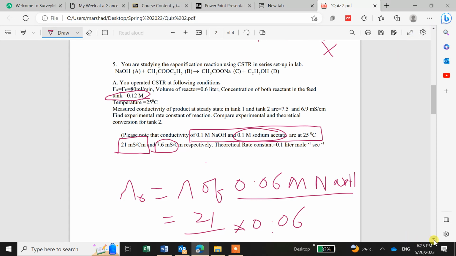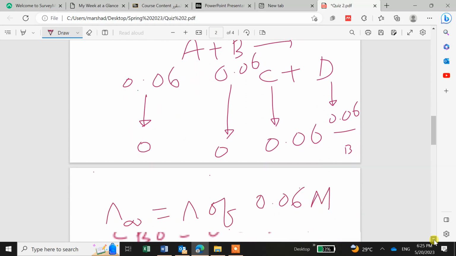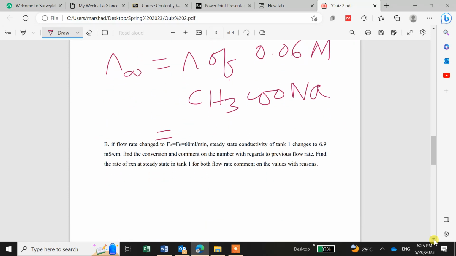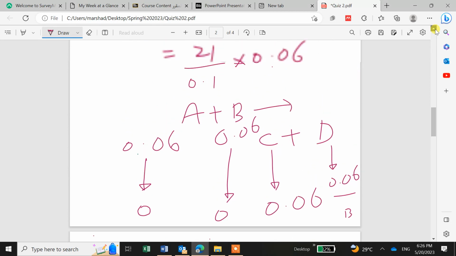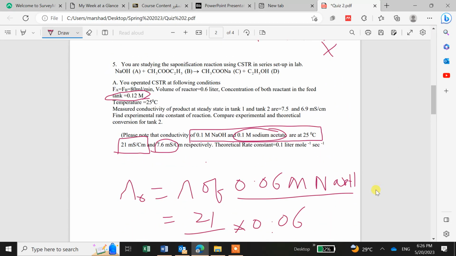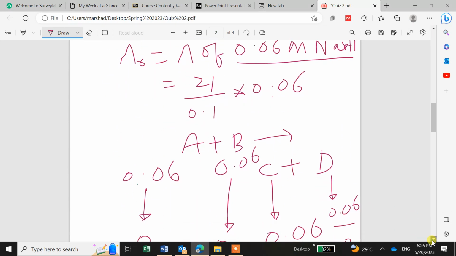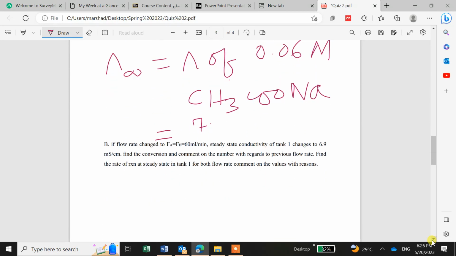So 0.06 will have conductivity how much? Just using the proportional relation, 7.6 divided by 0.1 times 0.06. So that is lambda infinity.